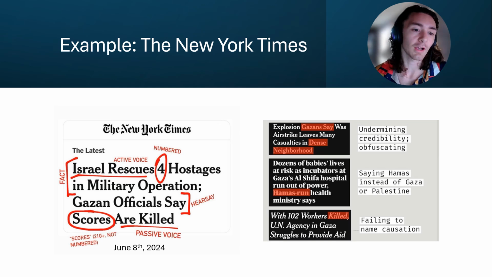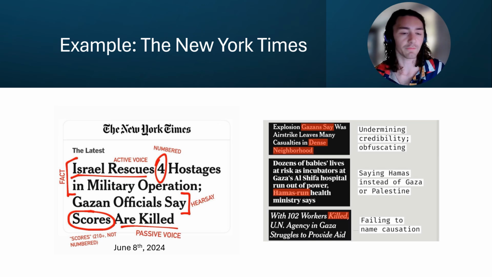Israel rescues 4 hostages in military operation. Gaza officials say scores are killed. When they say scores, they don't say the number, but the number is 210 people were killed to rescue those 4 hostages. When they say Gazan officials say, it is not saying what actually happened. It's saying supposedly.